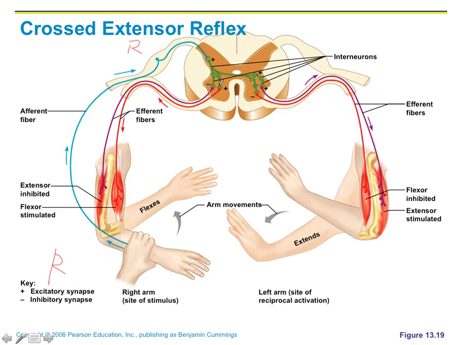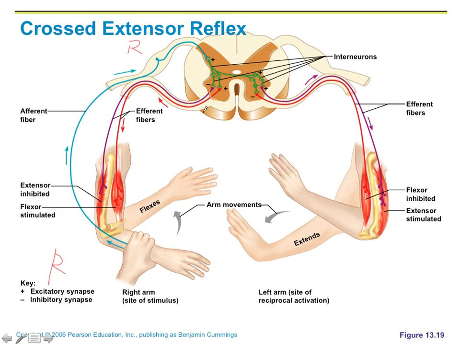The integration center will then send the impulse to the motor neurons to stimulate the muscles to flex the forearm to resist the pulling. It will also synapse with the reciprocal neurons to cause relaxation of the muscle in our posterior arm, to help the flexion of our forearm.